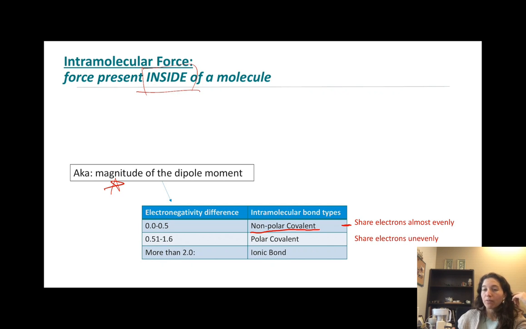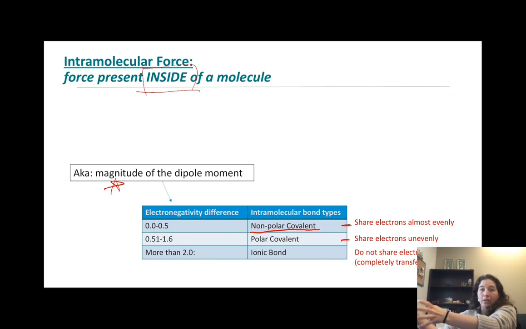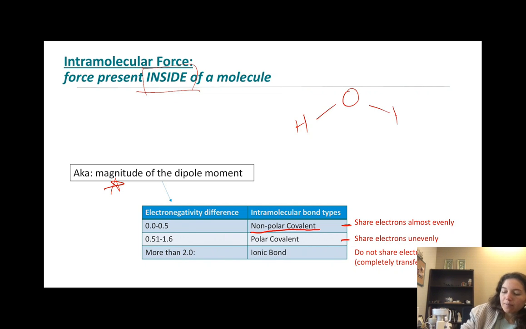If something is polar covalent, electrons are shared, yes, but often more towards one atom than the other one. If it's an ionic bond, then we don't see sharing of electrons, we see a stealing of electrons. All of the electrons go to one atom entirely, and they're removed from the other one. And so intramolecular force is something here that holds these together.